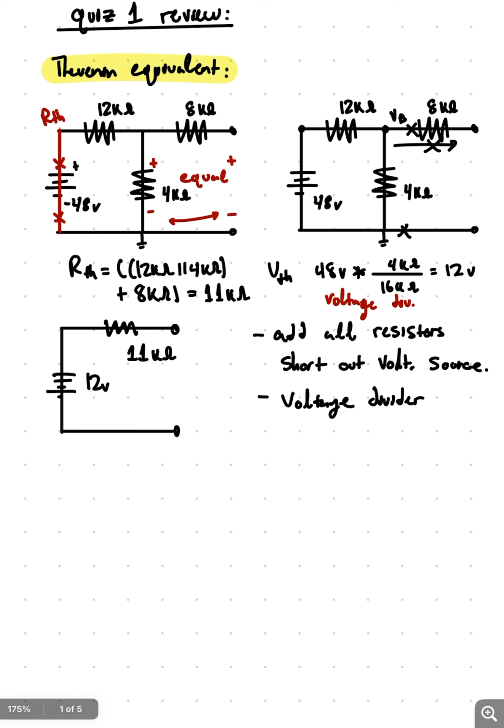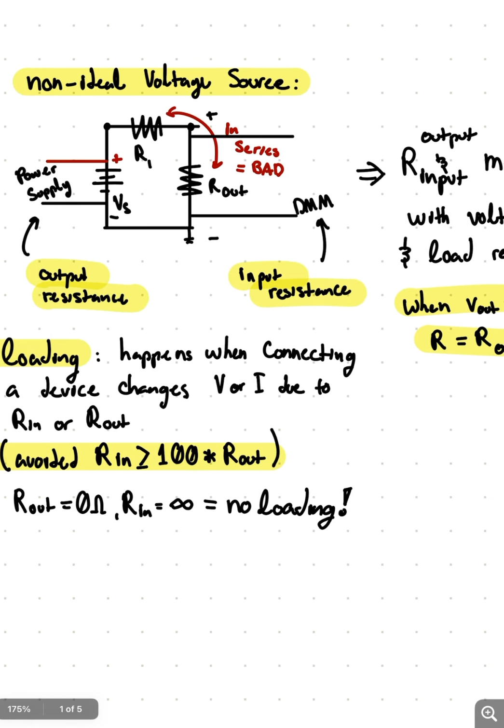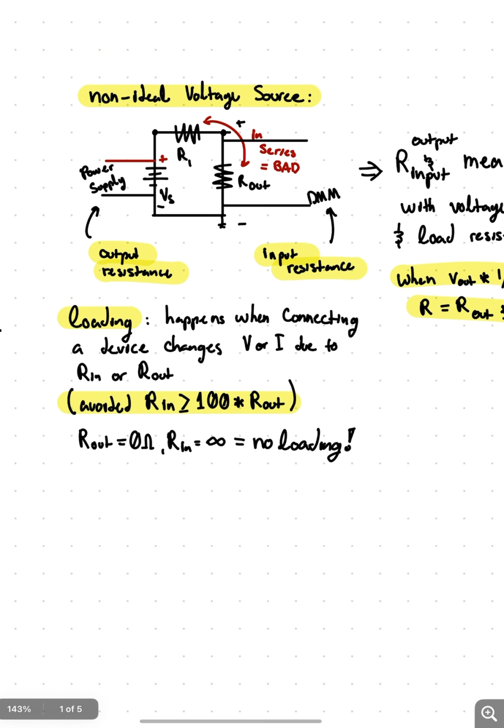But if we're given a circuit like this, this is going to be the procedure, and I don't think we're going to solve more complex circuits like this, because we're not in circuits 1 anymore, and I think we should have a pretty general understanding of how this works, because we might be applying this in increments, not in one huge problem all about this. So that should be important to note. And I know this will definitely be covered on the quiz tomorrow. It gave me a little bit of a hard time.